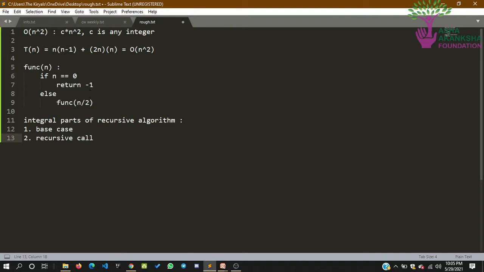In this example, the base case is this entire thing, and this is the recursive call. And then there is a third thing also. You have to know how to divide the problem. Like suppose in this example, we were given function n by 2 plus function n by 2.